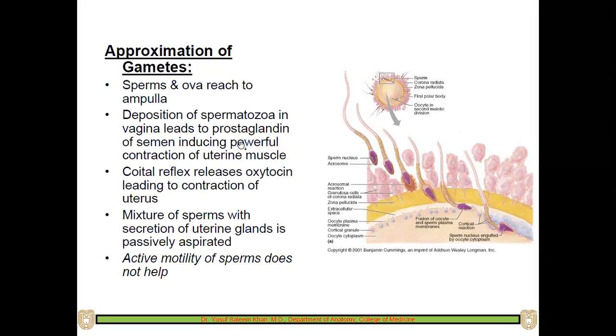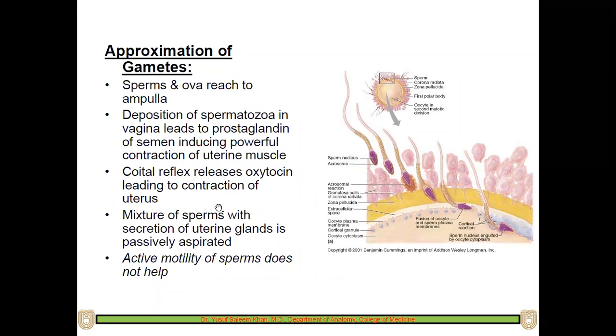One is the prostaglandins, which are present in the semen, will help in the contraction of the uterus. The second is the coital reflex itself will lead to the oxytocin release in the female, and it leads to contraction of the uterus. So the contraction of the uterus is both by the male semen as well as the oxytocin in the female.